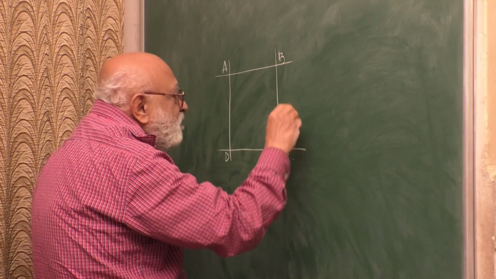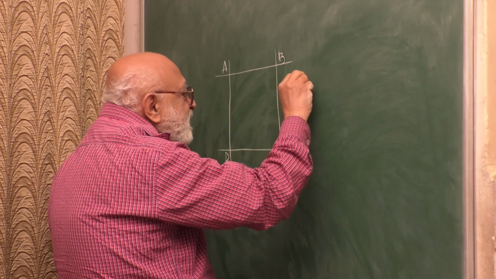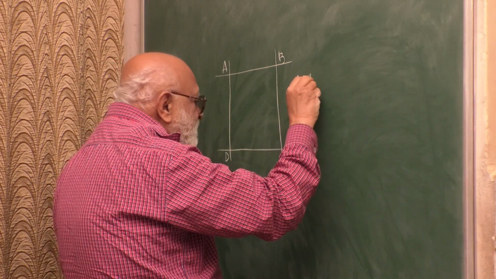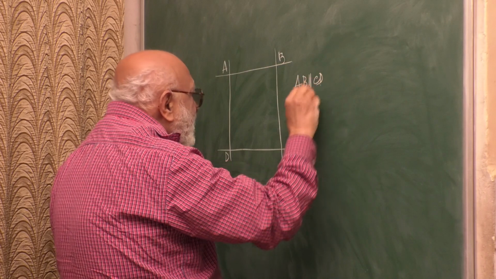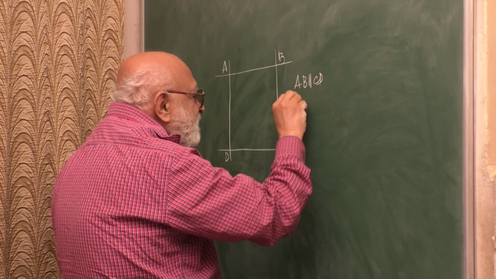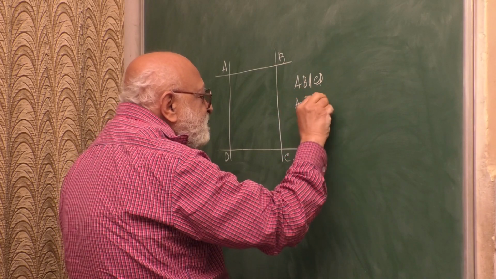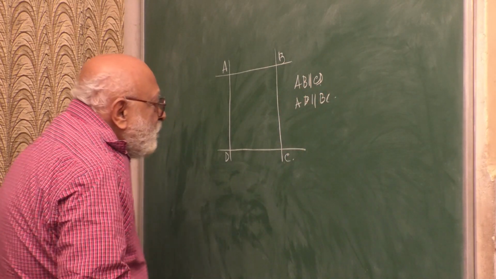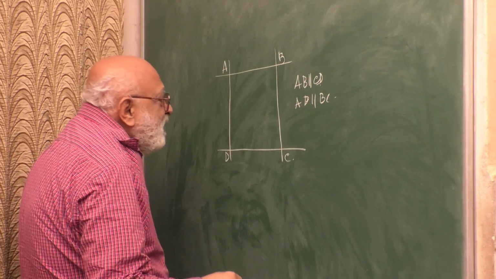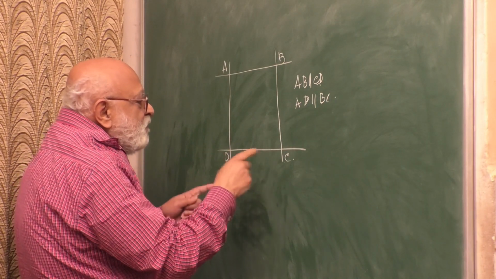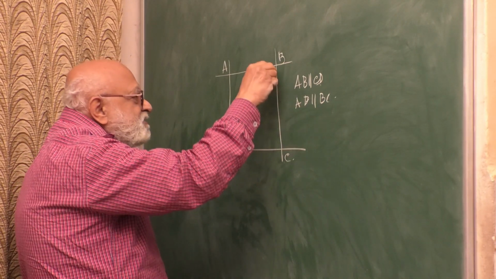So here is a parallelogram in which it is given AB is parallel to CD and AD is parallel to BC.